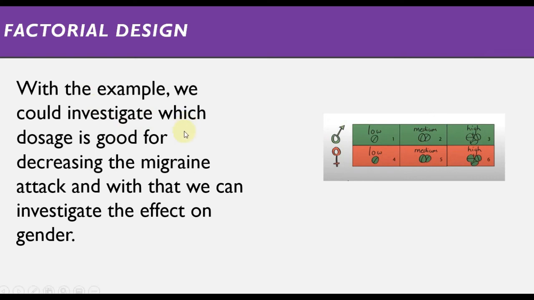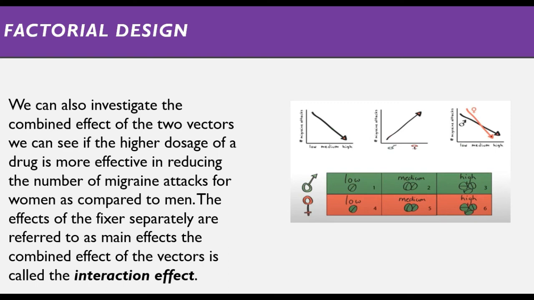So, maraming factors tayong tinitingnan kay factorial design. Not only kung effective ba yung gamot na yun, but also kung effective ba yung per dosage at kung nakaka-apekto ba to sa gender ng participants. Or may apekto ba to kung male or female ang gender ng participants.